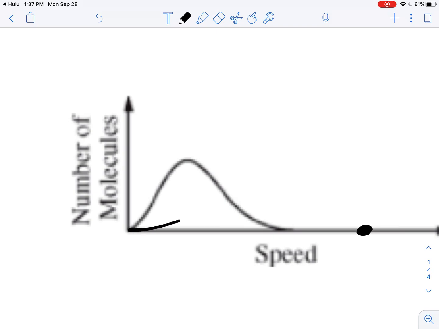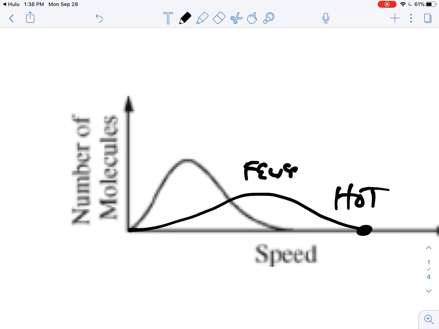So a hotter temperature would be something like that, where it is wider, so a greater distribution of molecular speeds, but then fewer of them at each individual speed. So that's what's going to be if it's hotter.